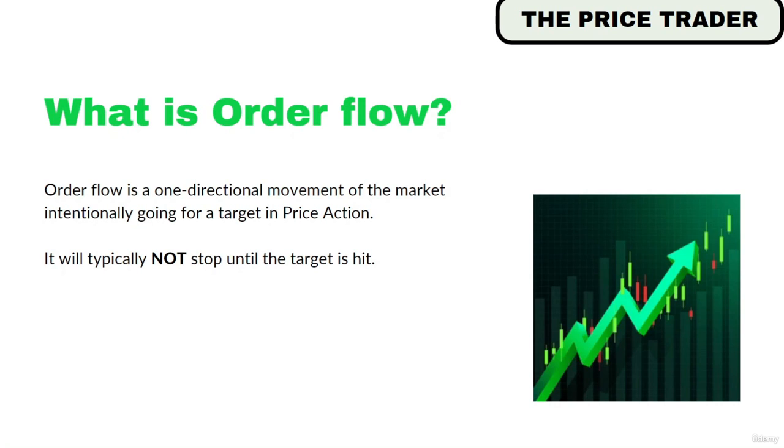It will typically not stop until that target is hit. I've seen order flow to be a very powerful tool in your analysis to gauge the direction of the market on a longer term basis, especially when you're dealing with a higher time frame perspective.